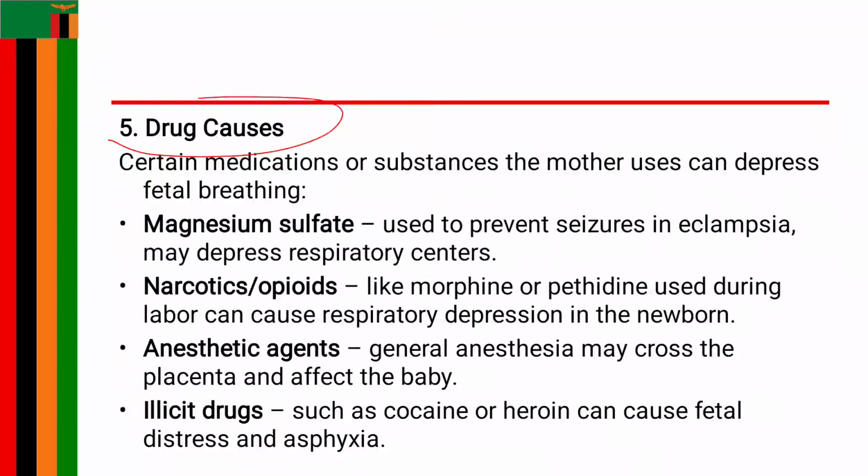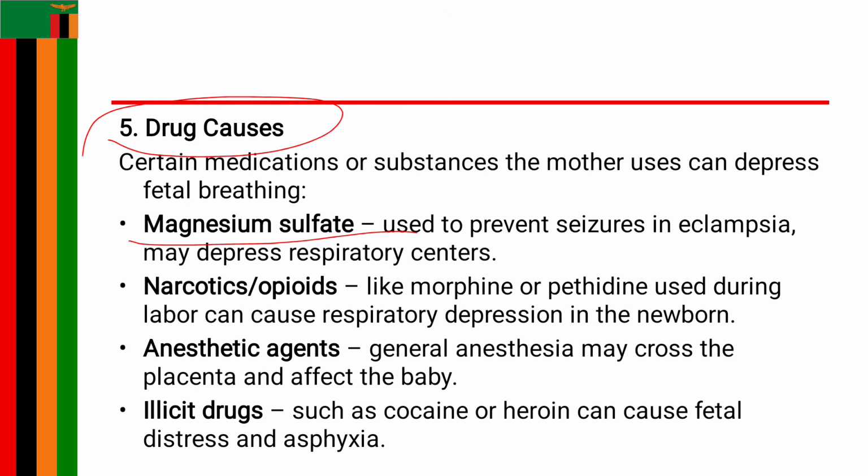The last group of causes is what is known as drug causes, such as magnesium sulfate, the drug we use in preeclampsia to prevent seizures, may cause respiratory depression in the mother, and this may affect circulation of oxygen to the fetus.